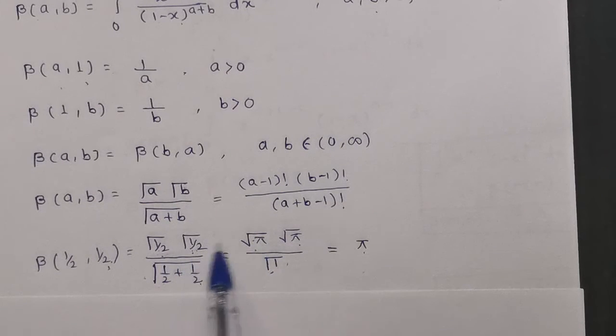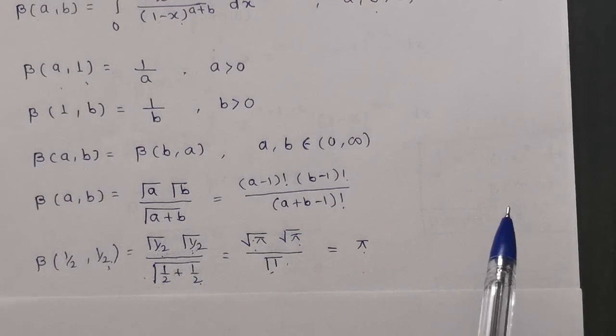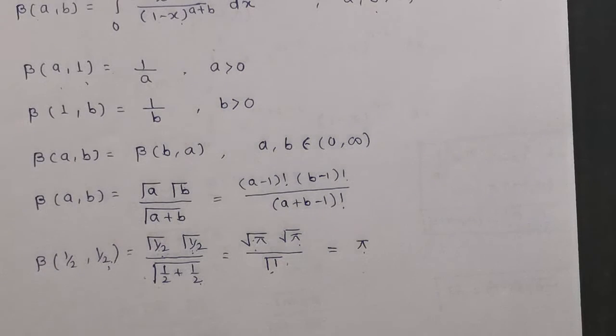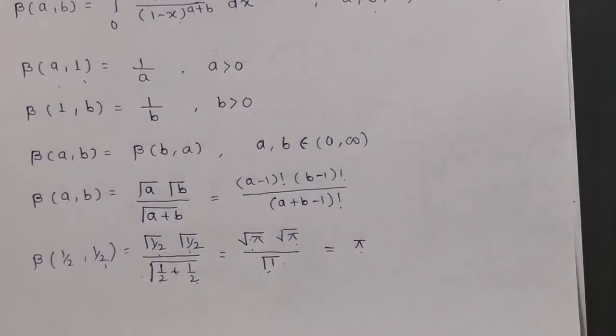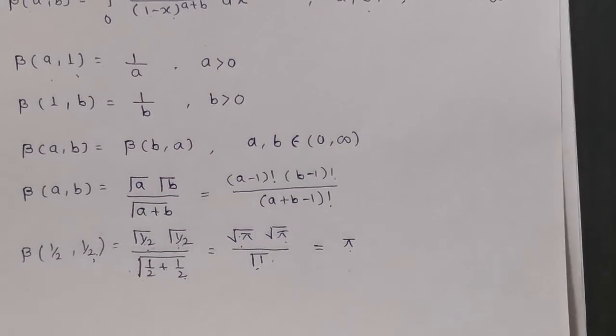We know that gamma 1 is 0 factorial, which is nothing but 1. So square root of pi multiplied by square root of pi is pi. This is a very interesting result of the beta function. This is just the mathematical background which we need for the overall course.